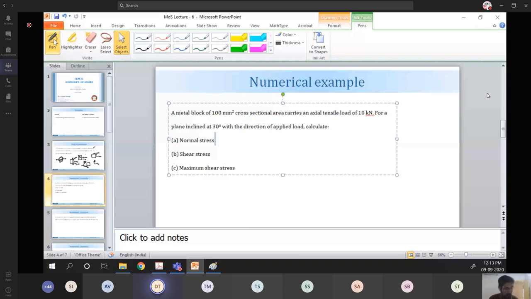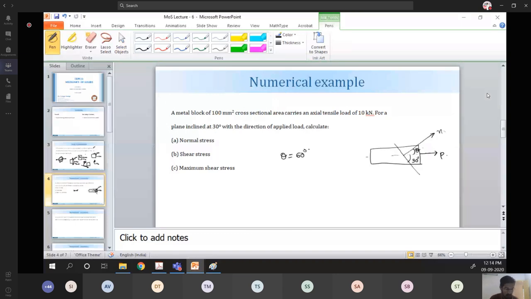And now what is the normal stress, shear stress and maximum shear stress? Yes, sir. I'm calculating. You can tell the formula, so meanwhile I will write it here, others can also calculate.